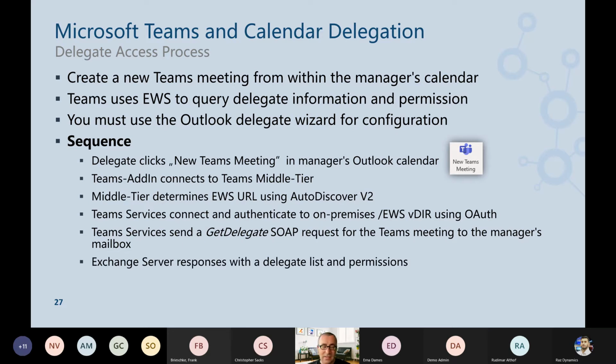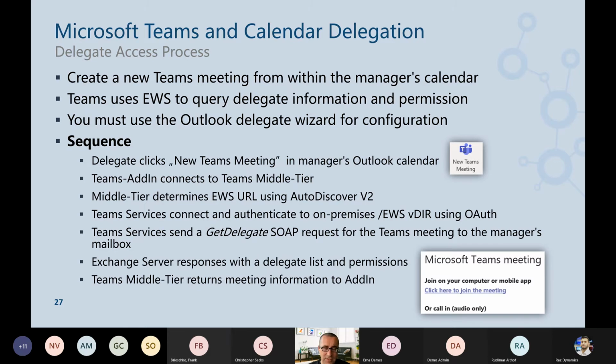Then, with the information on the delegate list and the permissions, it creates the required meeting information and simply returns this information to the Teams add-in, which in turn adds this information to the meeting information within Outlook. So pretty simple for the end user, pretty heavy stuff going on in the back end, and with decent requirements on how delegate permission is assigned.